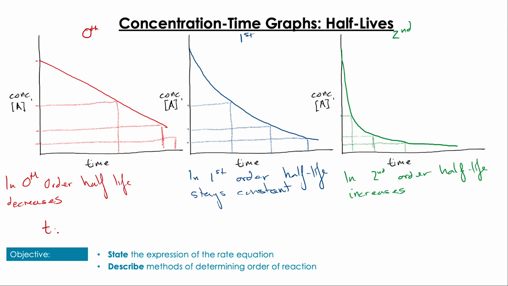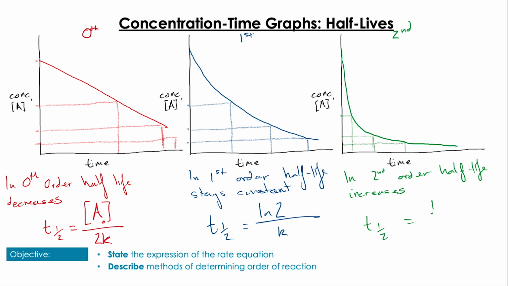So that's a way we can use the half-life to determine the order of reaction. These all actually have equations that we can use for the half-life as well, for 0, 1st, and 2nd order. We use 1 over K times the concentration.